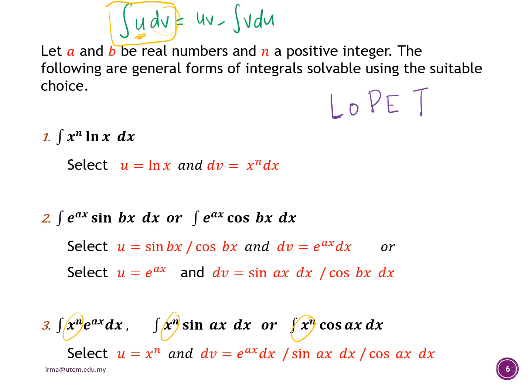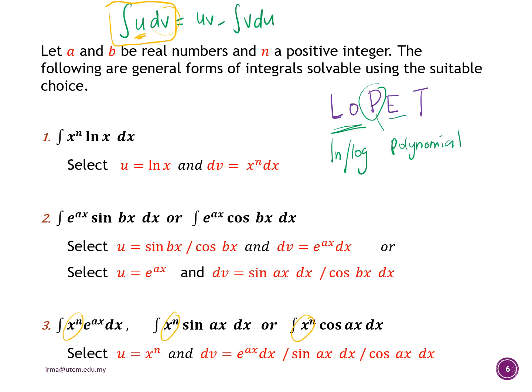Okay, LIPET. Normally I will use LIPET to choose u. L is for ln or log function. P is the polynomial.